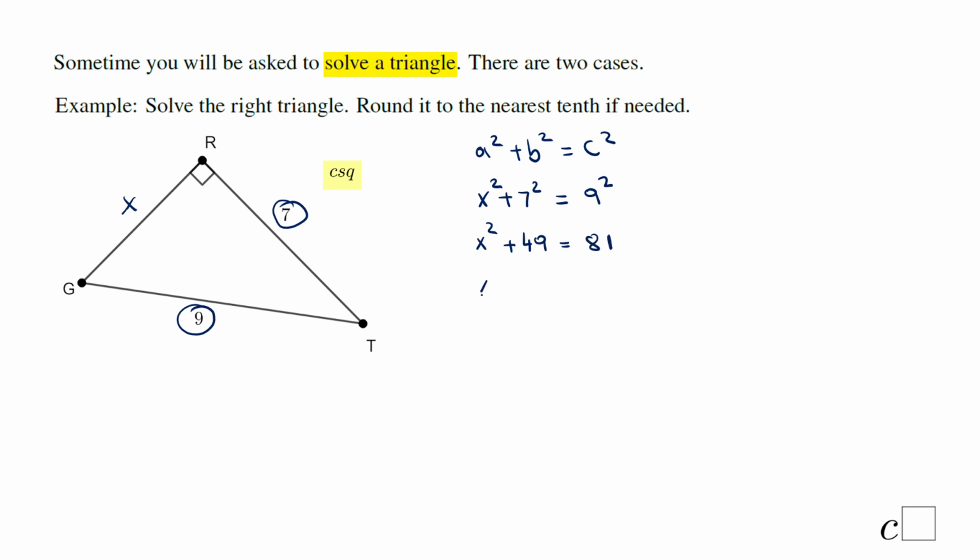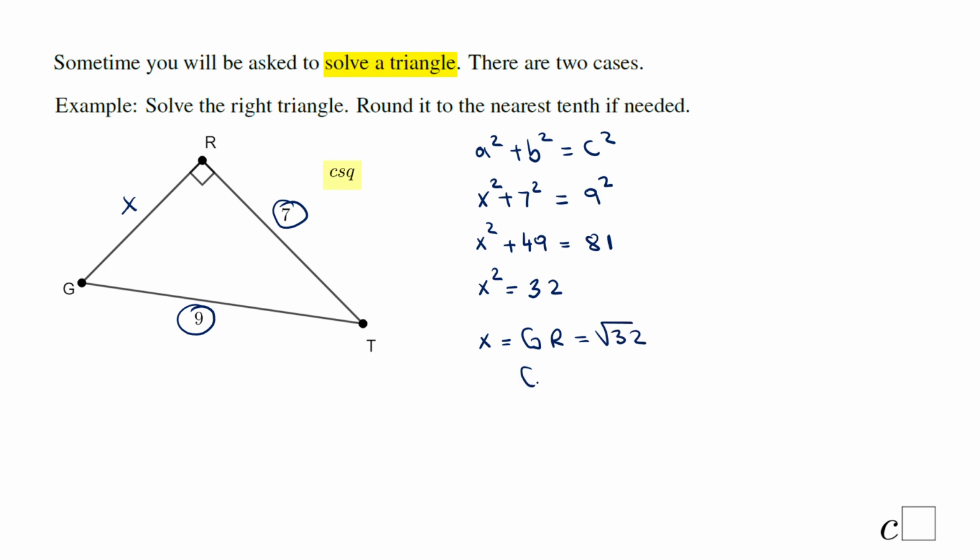We're going to subtract 49 on both sides, and we end up with 32. So x, the third side of the triangle, will be square root of 32. This is the exact value.